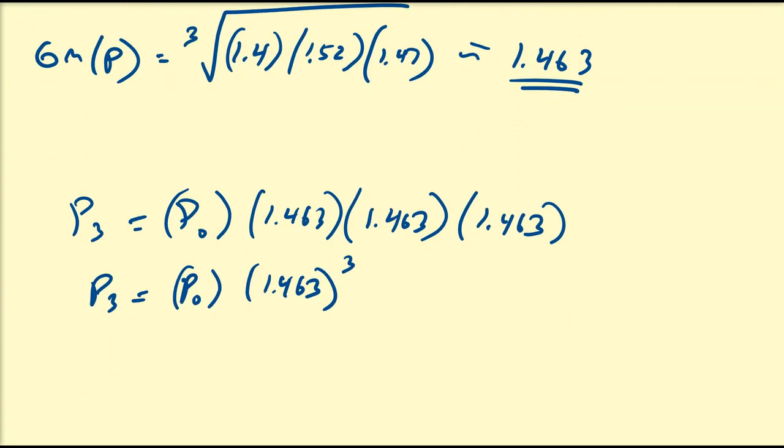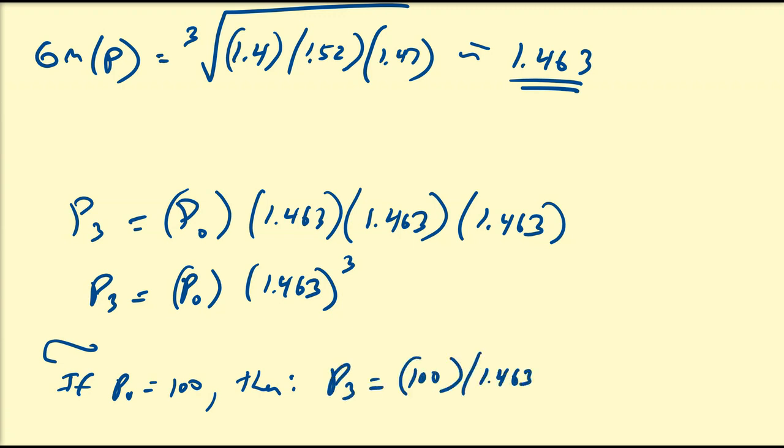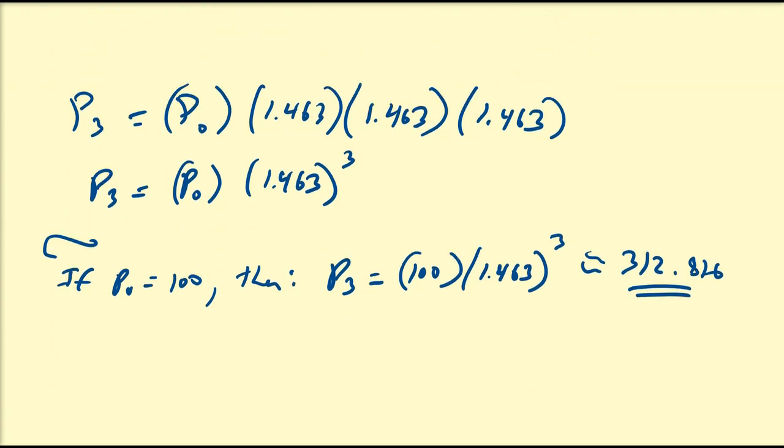You can find that if P0 is equal to 100, then P3 is 100 times 1.463 cubed, which is approximately equal to 312.816, which is the number that we had before.